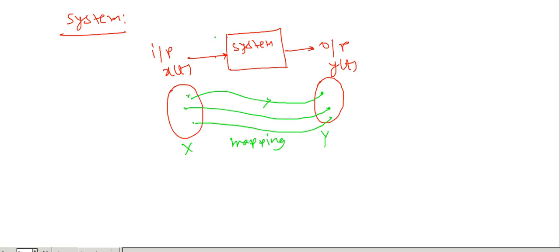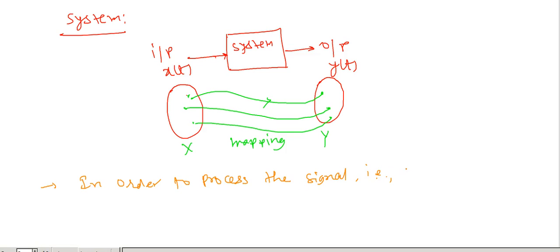Okay, now what is the requirement of the system? In order to process the signals, now what is the meaning of processing the signal?